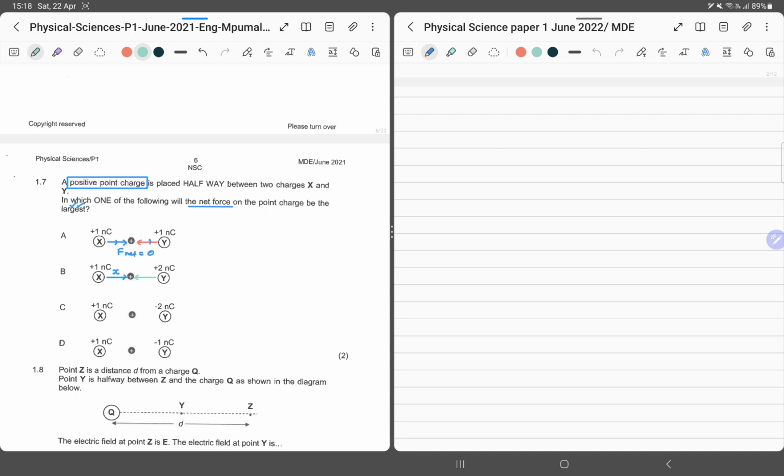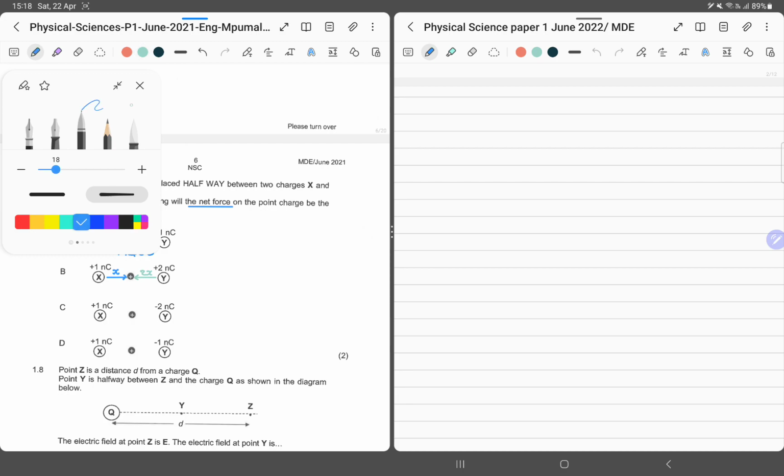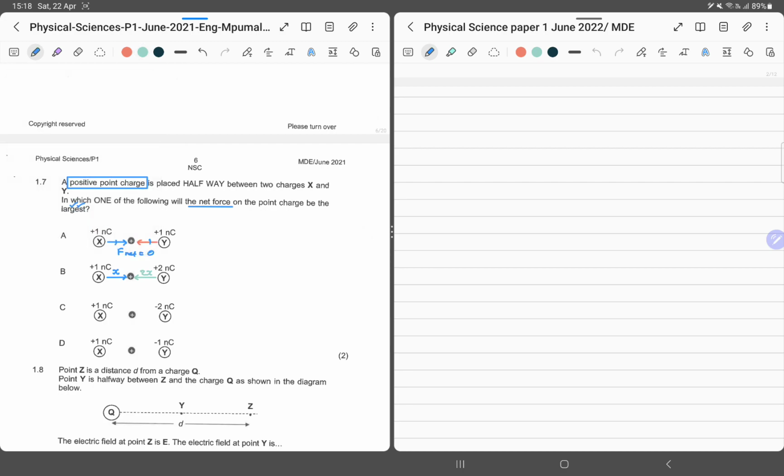But we know that the electrostatic force is directly proportional to the magnitude of the charges. So if we double the magnitude, this becomes 2x. So the difference here is just going to be x, of course in that direction. This is a vector, because 2 minus 1 is just x.